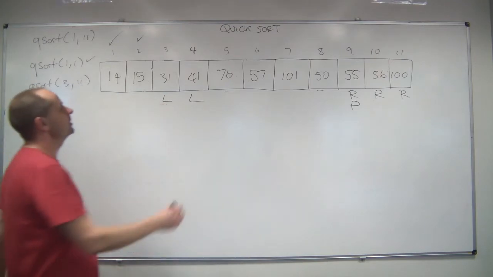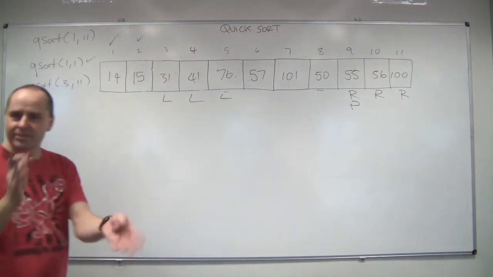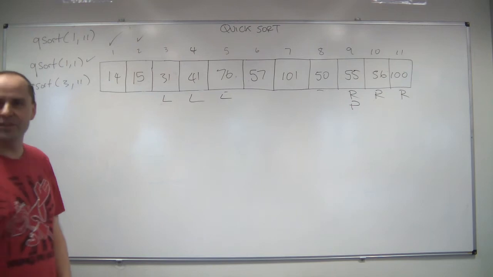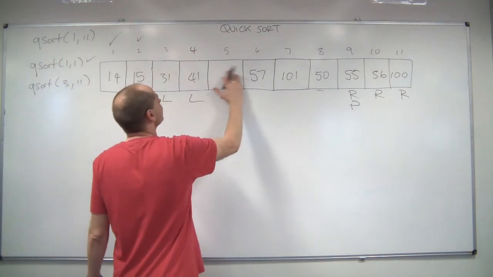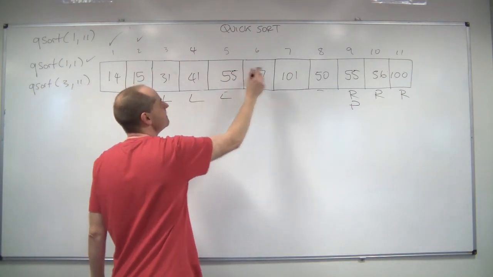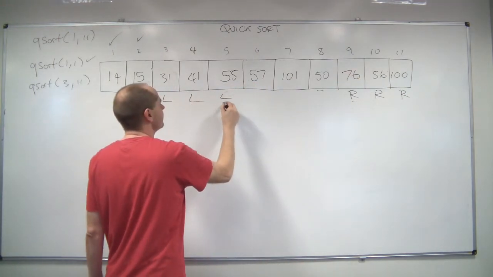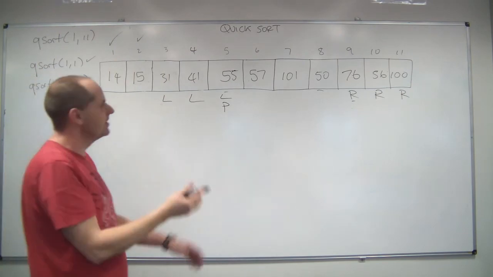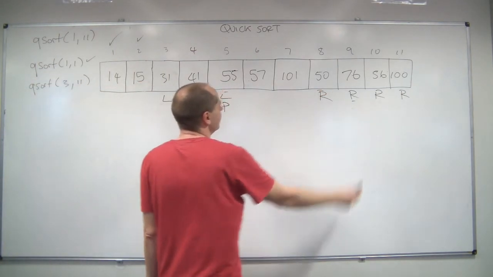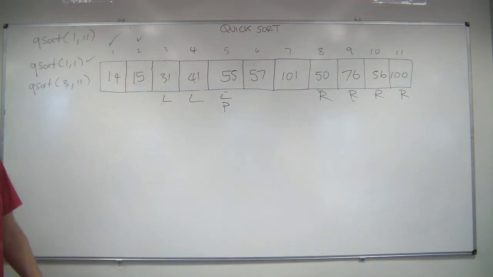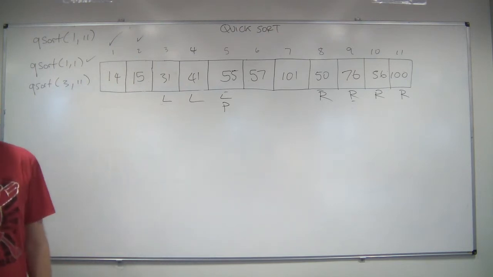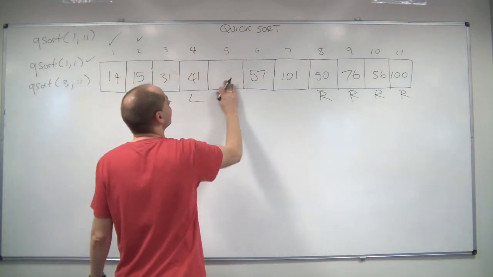Right, moving the pointer that's not associated. Oh dear, the 76 and the 55 are now the wrong way round. So swap them. Okay, move in the right pointer. Do the comparison again. 55 and 50, oh, they're in the wrong order. I'm going to wear my fingers out.